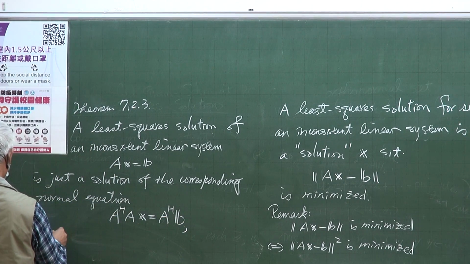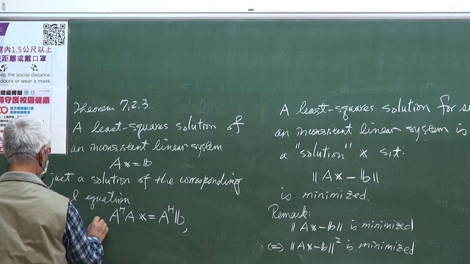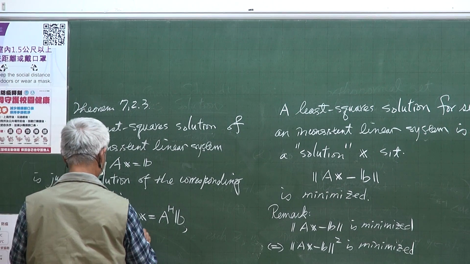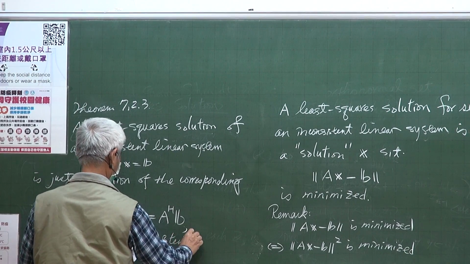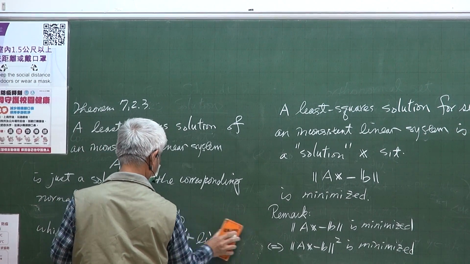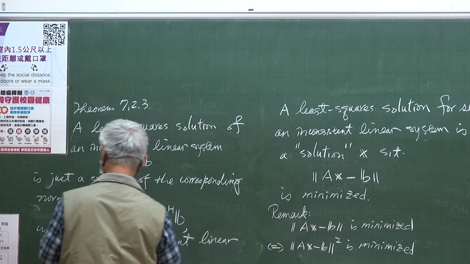And this normal equation is always a consistent linear system.